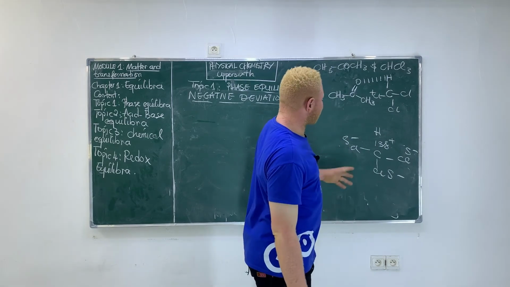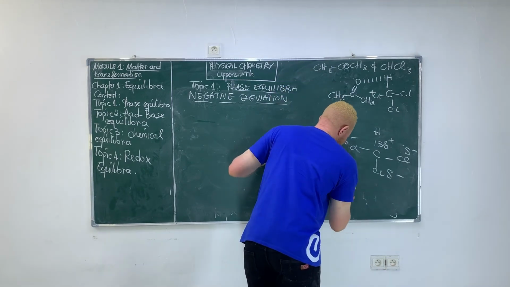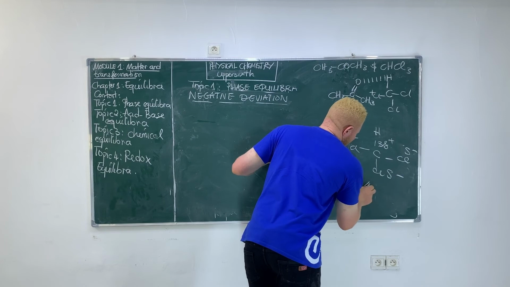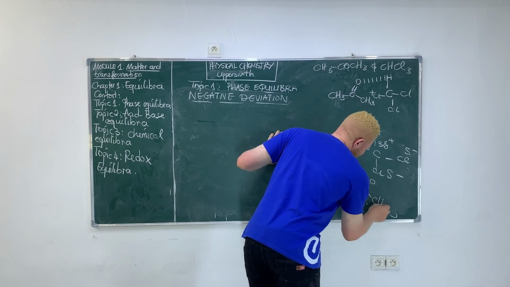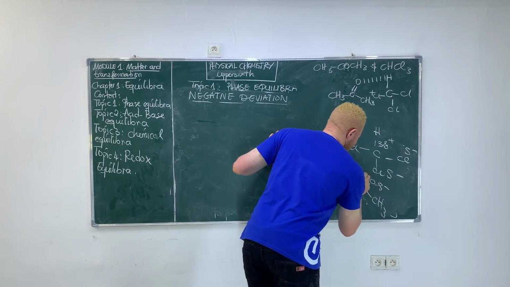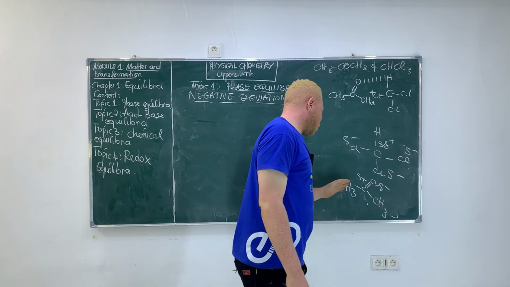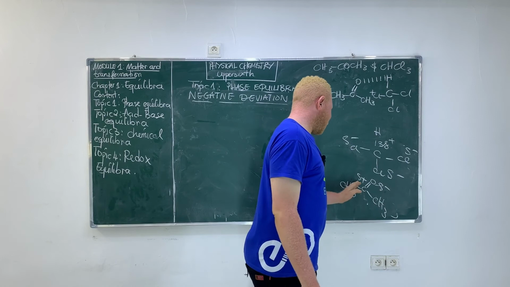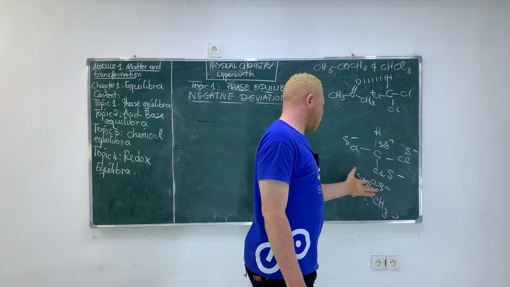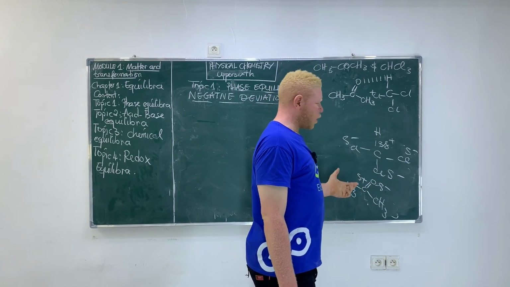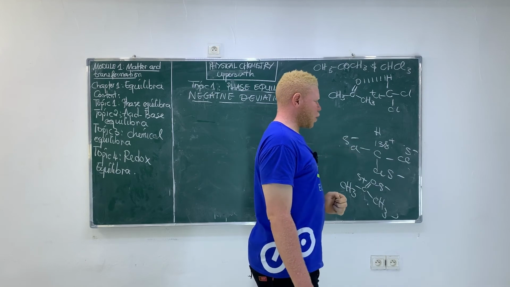So the dipole-dipole attraction here is stronger than the one of keto. The keto is just like that. Sigma minus, sigma plus. So for the keto group you have the dipole-dipole attraction, but here we have 3 dipole attractions.